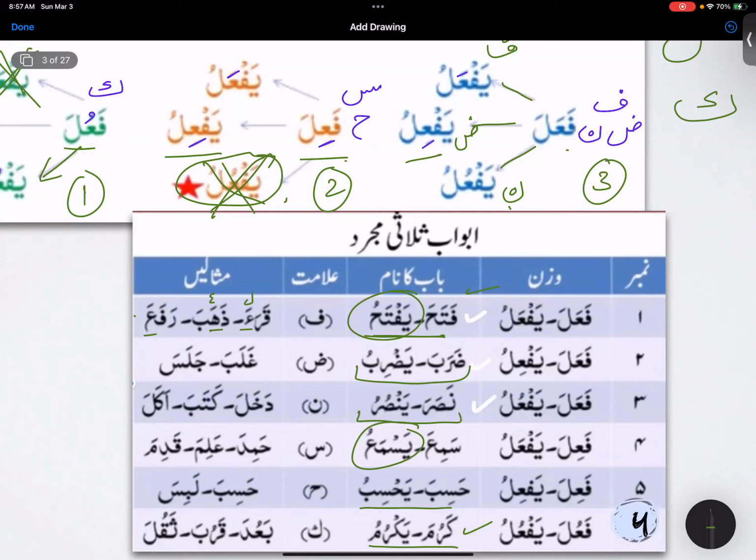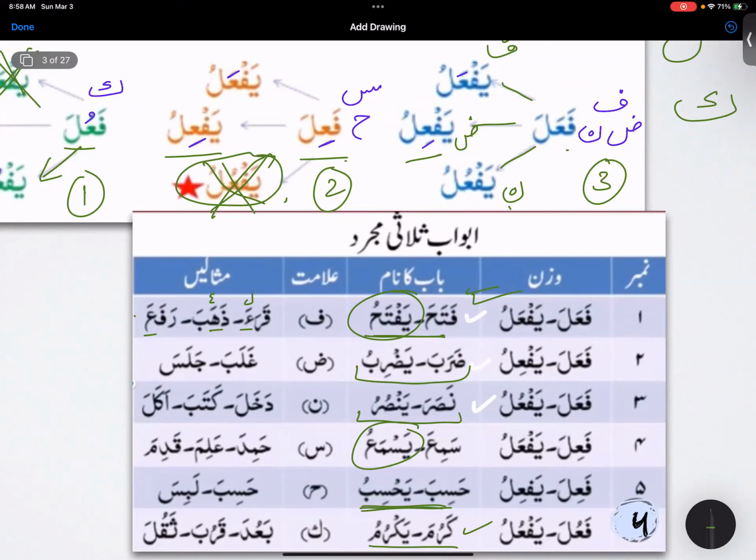So which one? That family is going to win, because Sami'a is less used and Fataha is more used. And Nasara, I think, is used a lot as well. Hasiba Yahsibu is not that much.